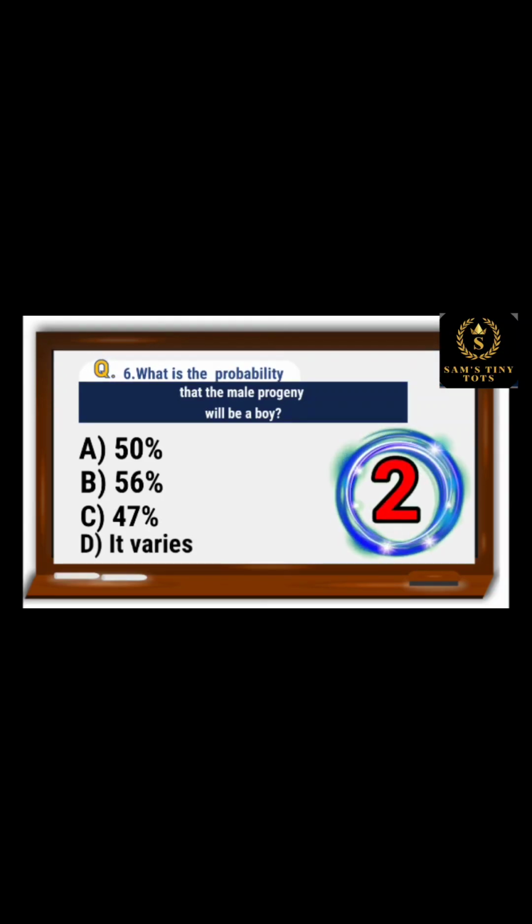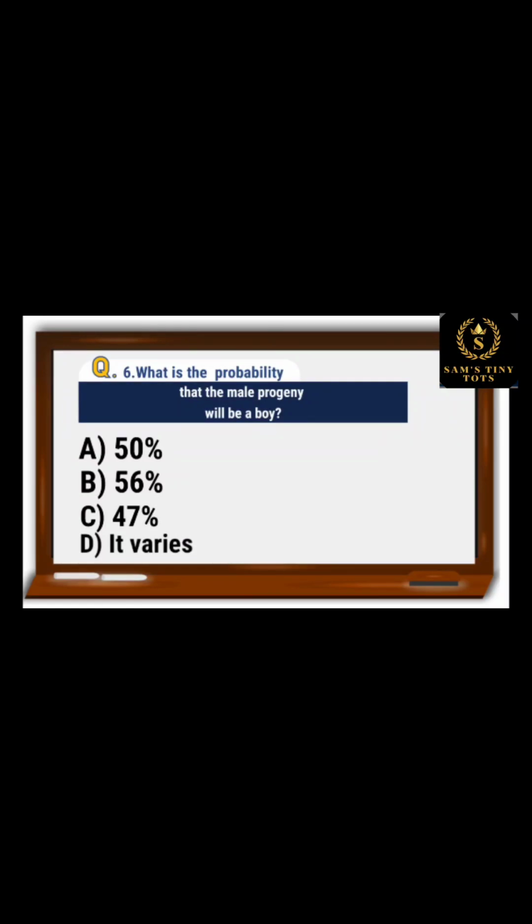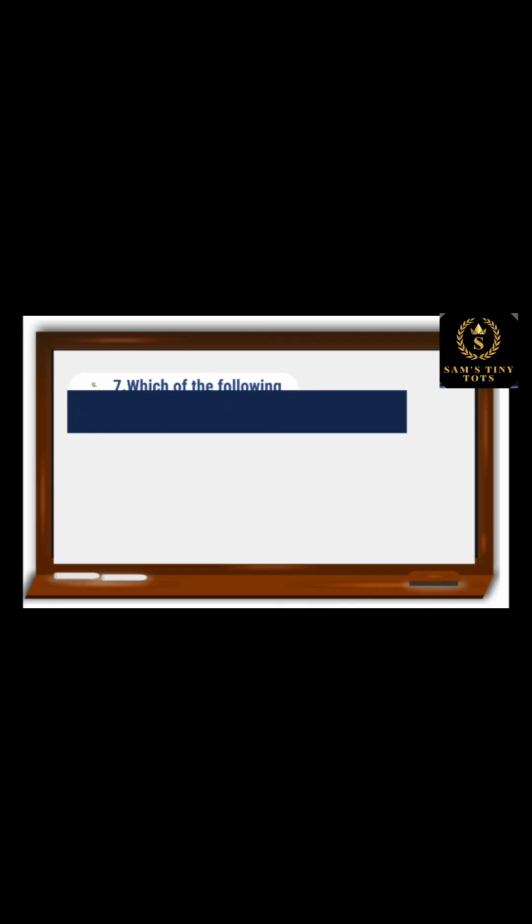What is the probability that the male progeny will be a boy? Option A 50%, option B 56%, option C 47%, and option D it varies. And the correct option is option A 50%.